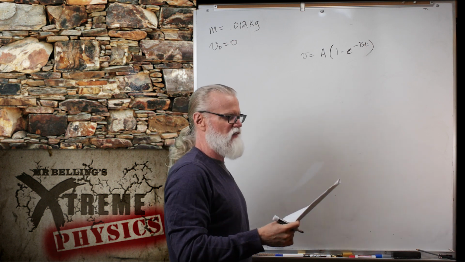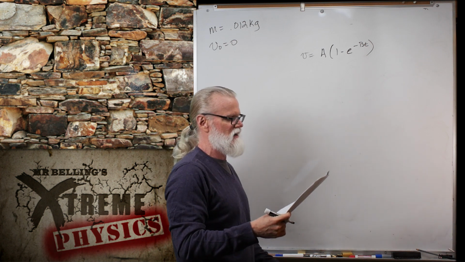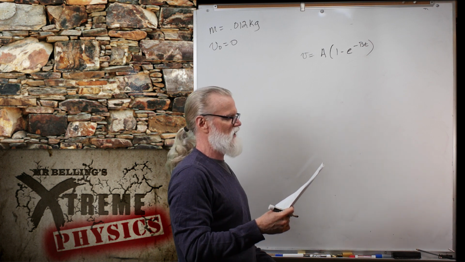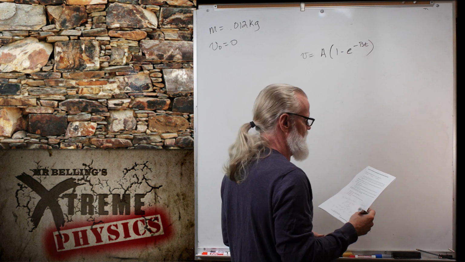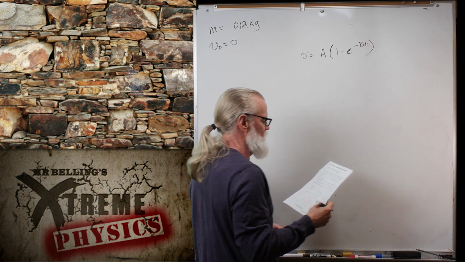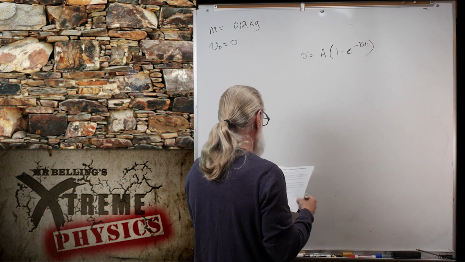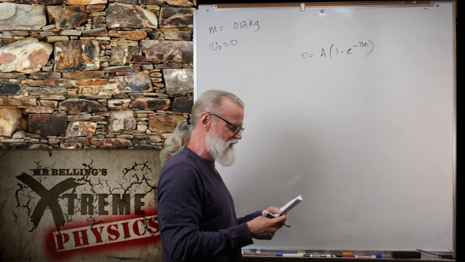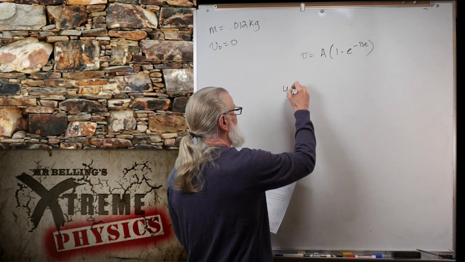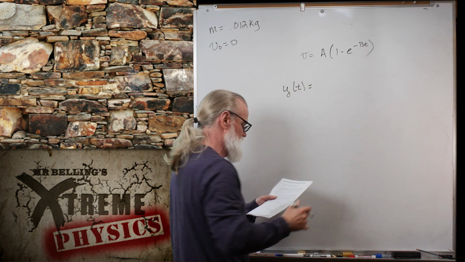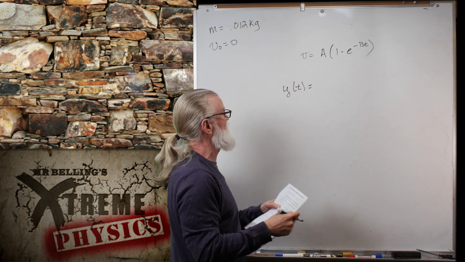To model the speed of the falling object, they found the best fit coefficients to be A equals 1.18 meters per second, and B is 1 over seconds. Use the above equation to derive an expression for the magnitude of the vertical displacement. We want y. What is the magnitude of the vertical displacement of the falling object as a function of time?